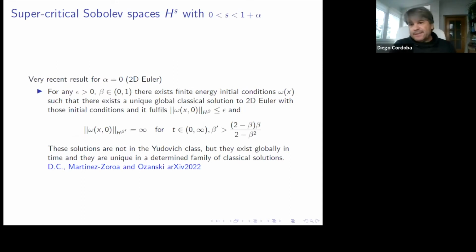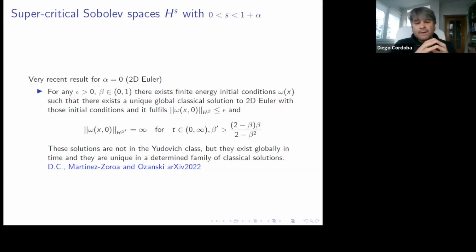And this is a result I announced for the first time, and this is a paper we posted this month. We studied the case of 2D Euler, and we are in the supercritical regime. Okay, so now critical regime is H1.